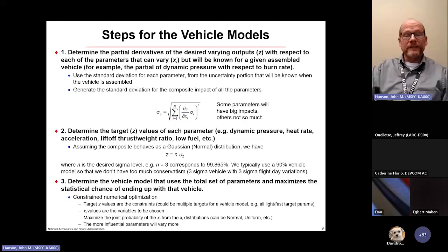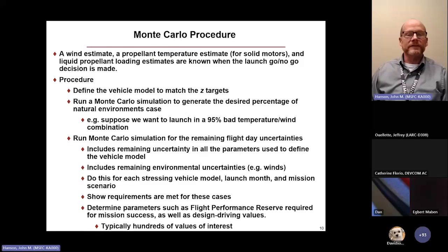So that's the procedure. And there are some other ways to do that, but that's the one that we developed initially. And then, so now how do you run the Monte Carlo sim with that vehicle model in mind? Now, on a particular launch day, you'll have a wind estimate, a propellant temperature estimate for solid motors.